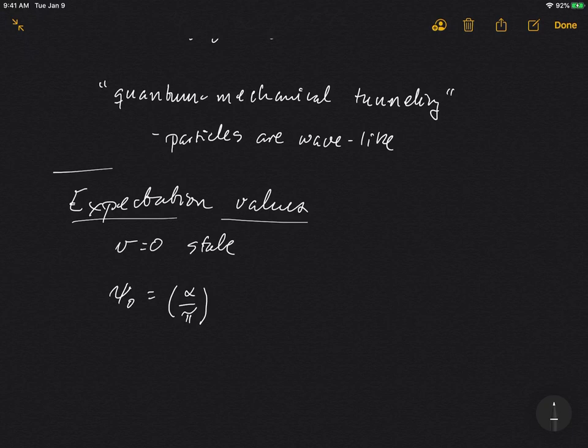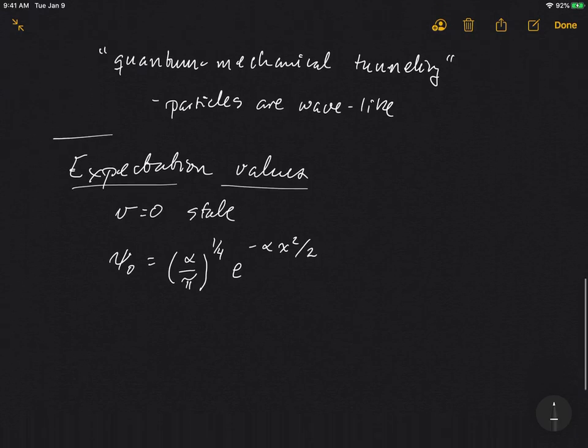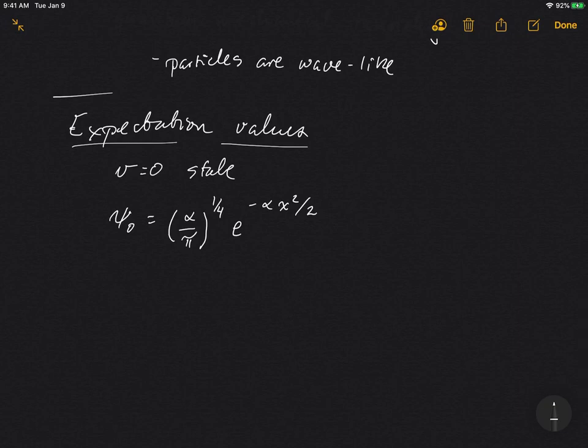And so we have alpha over pi to the 1/4. That's our normalization constant. And e to the minus alpha x squared over 2. That's our wave function, the functional part, the part that's a function of x. And of course, alpha is the square root of k mu over h bar squared.